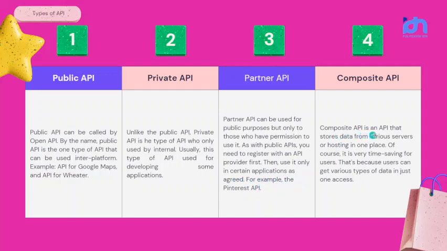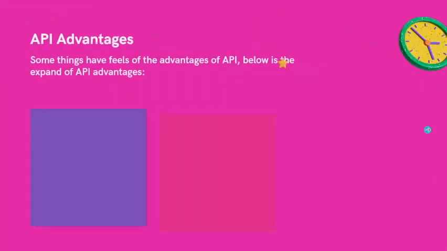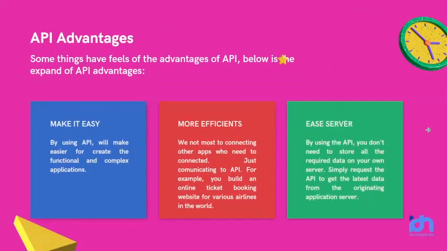A composite API is an API that stores data from various servers or hosting in one place. Of course, it is very time-saving for users, because users can get various types of data in just one access. API advantages: it makes things easy, more efficient, and safer.